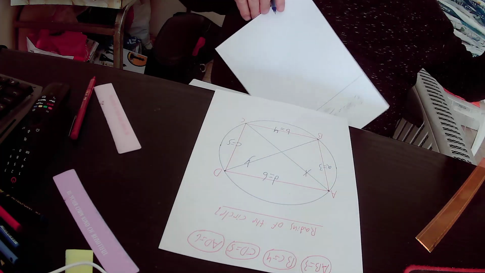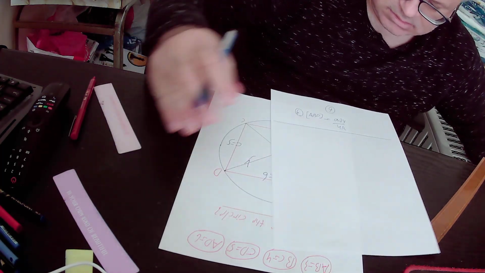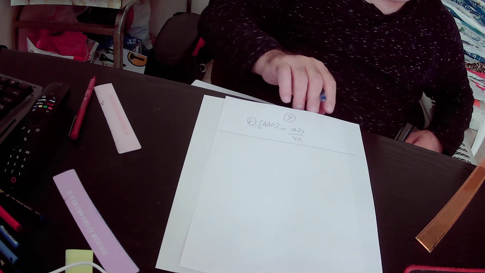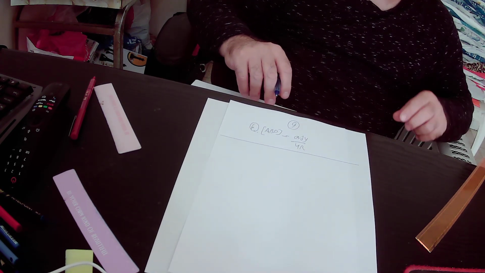I repeat again, the area of triangle ABD will be equal to ADY over 4R.